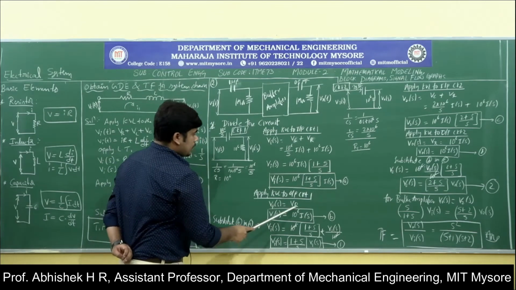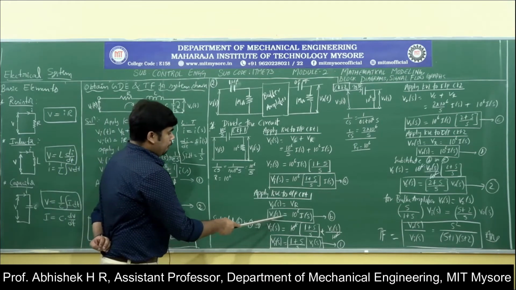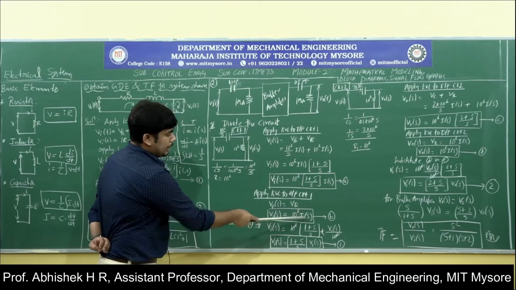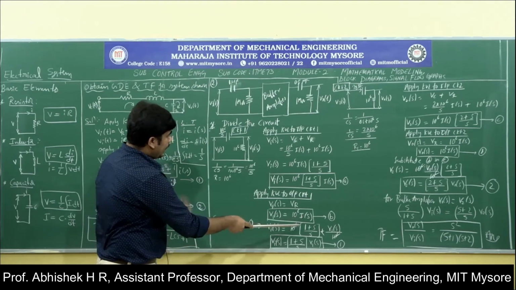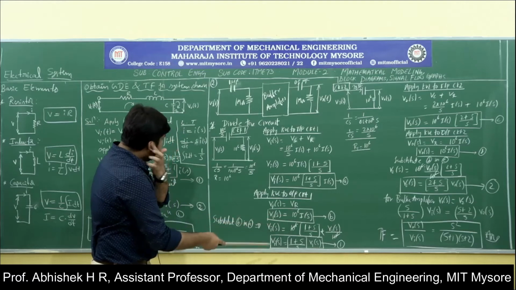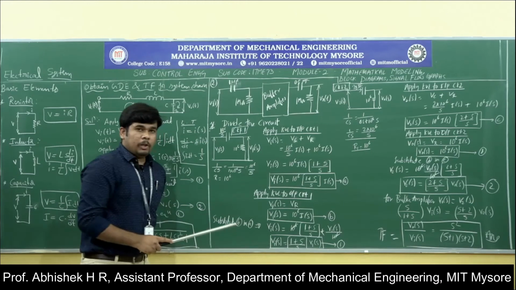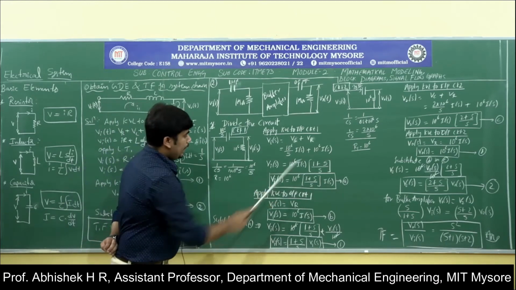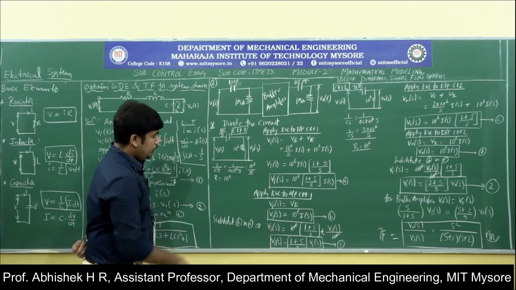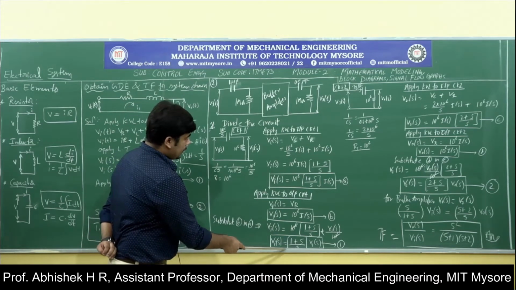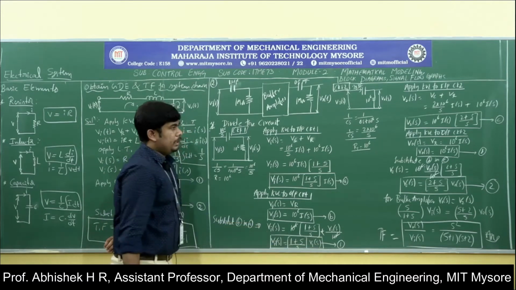So V1 of S, only the resistance, is equal to 10 to the power of 6 into I of S. So I need the value of I of S. So I can simplify and just substitute in the place of Vi of S, equation A. If I substitute the value of I of S, I will get Vi of S is equal to (1 plus S) by S into V1 of S.